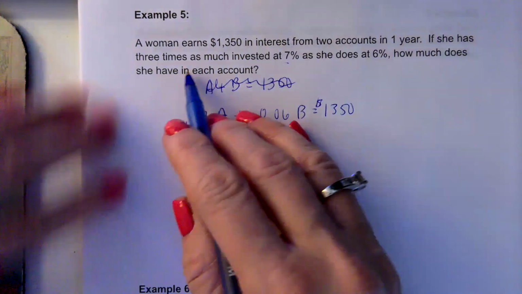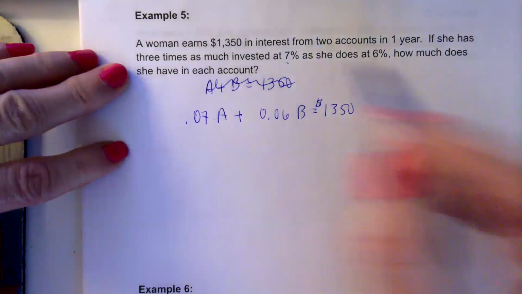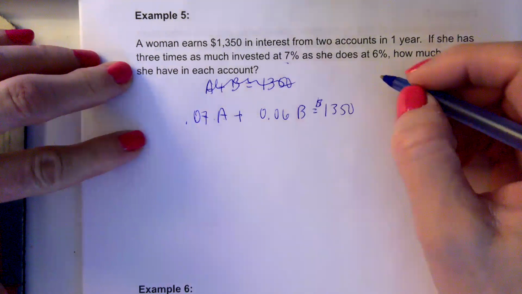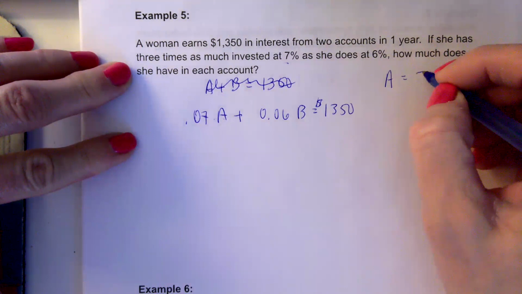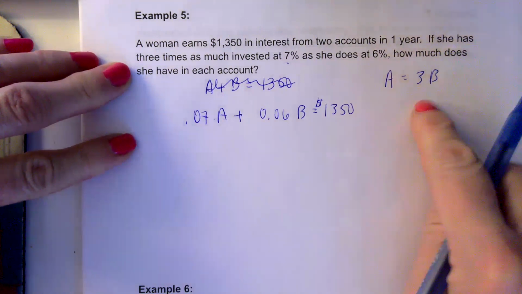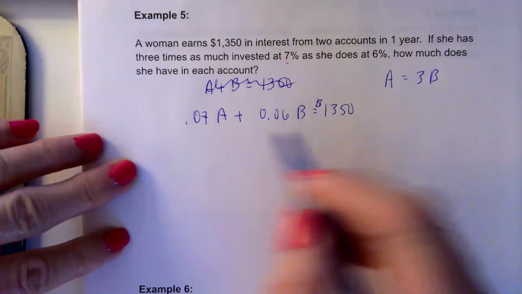And then it says if she has 3 times as much invested at 7%. So then that's A. So that means that A is 3 times B. So we can substitute that in for A.